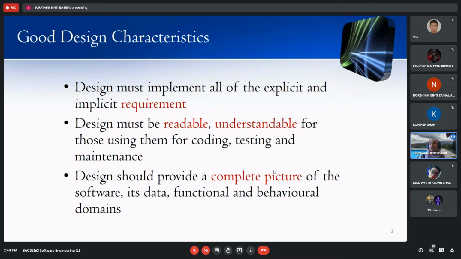The design must provide a complete picture of the software, its data, and functional and behavioral domains. The design is not only the architecture of the software, it must also include the design of the data. For example, you need to include the design for your database.